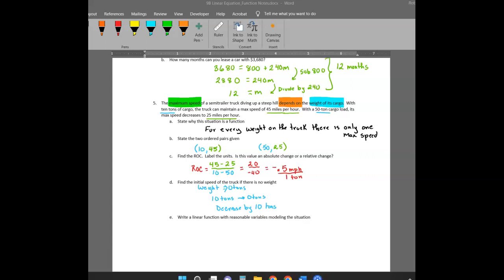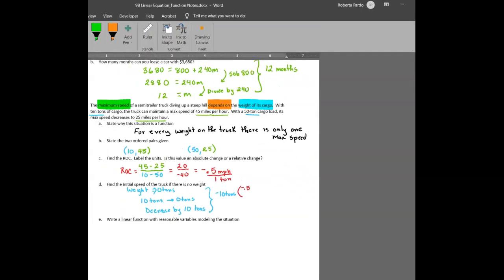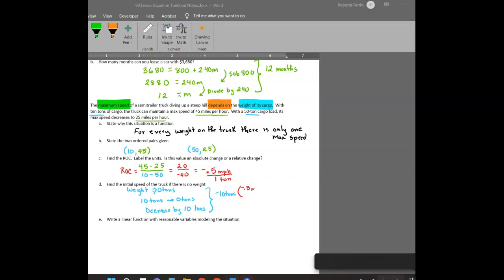So just as we did with our gas price problem, we're going to take negative 10 tons times our rate, which is negative 0.5 miles per hour per 1 ton.